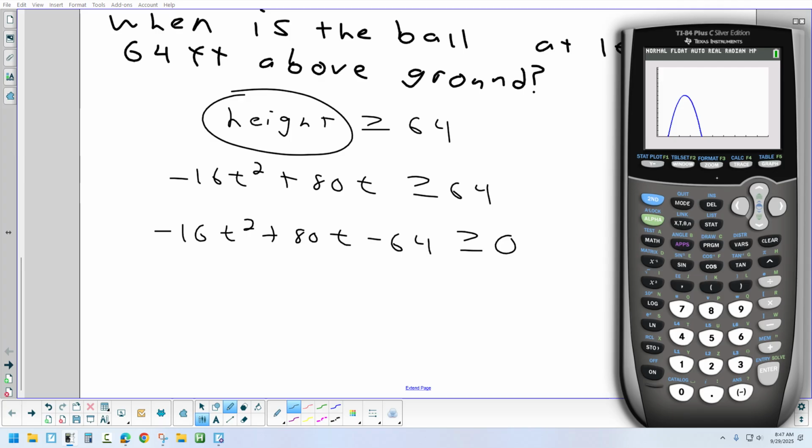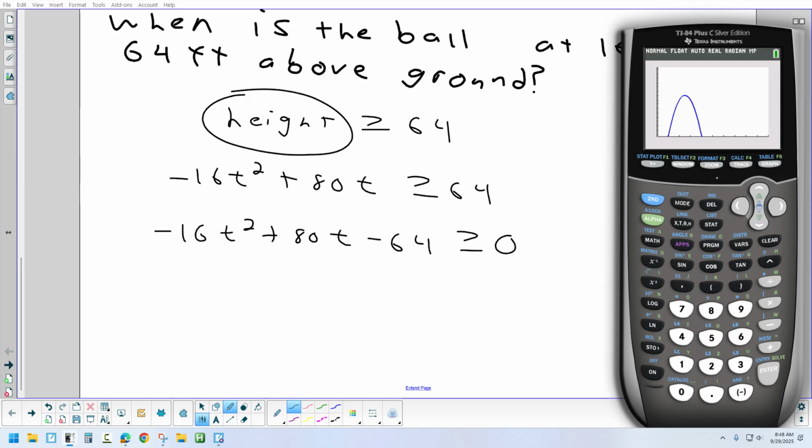where it does what? What are we looking for on that graph? Follow the brush. Other times it's 64 feet or above.